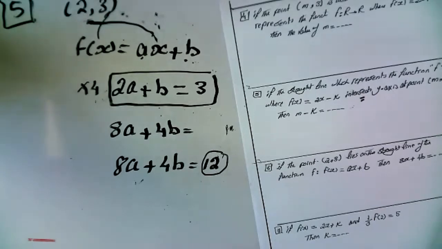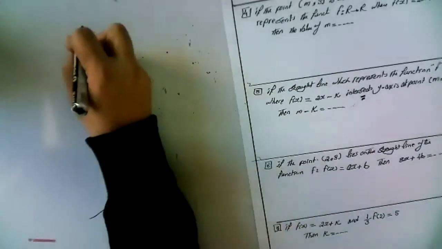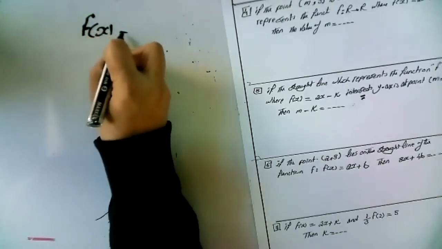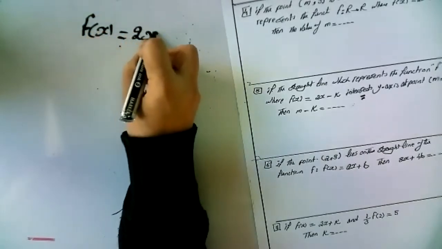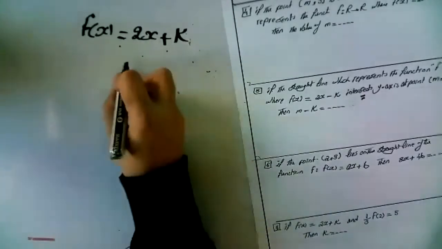Now question number 7. f of x equals x plus k, and third of f of 2 equals 5.